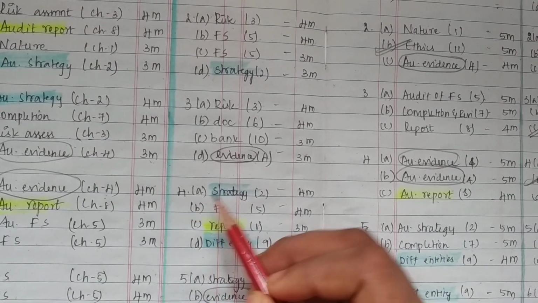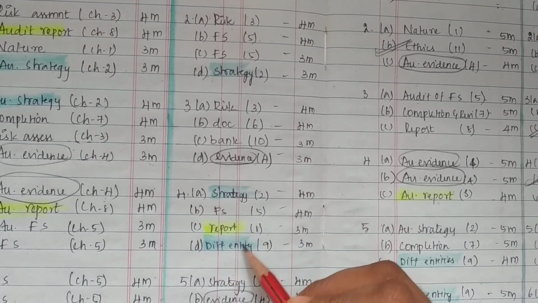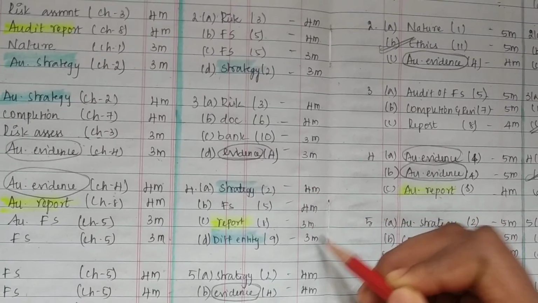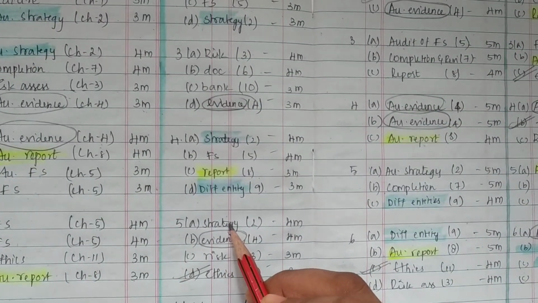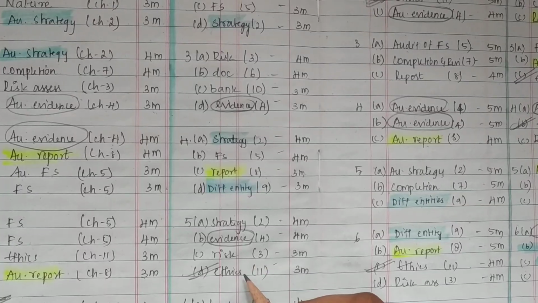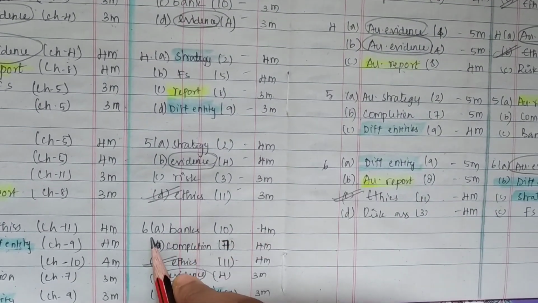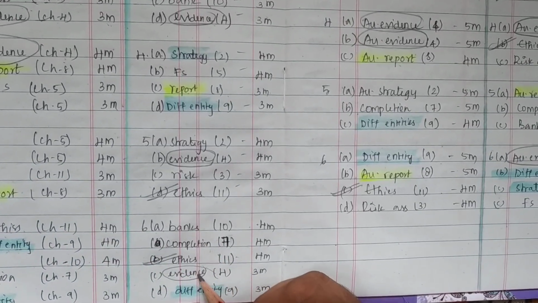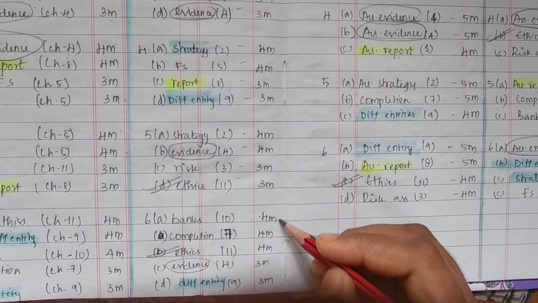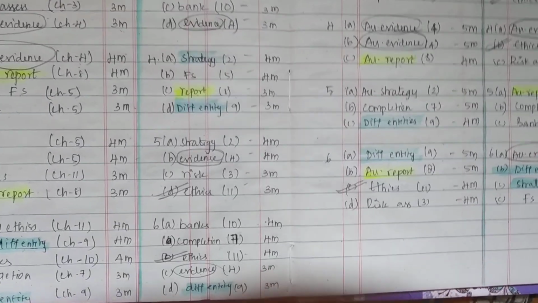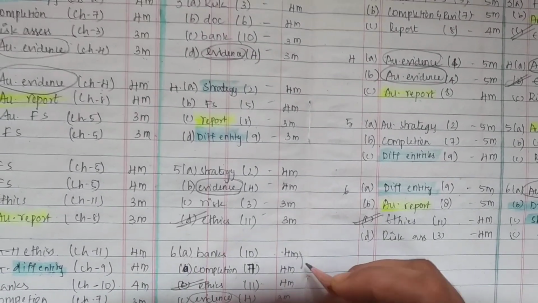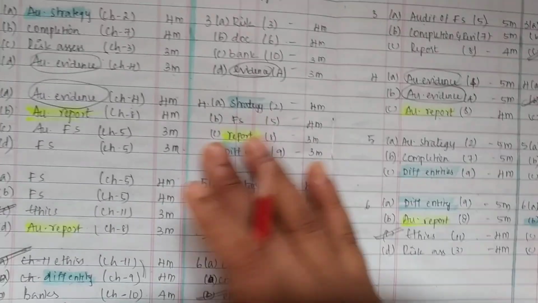Fourth question: strategy, financial statement, reporting, different entities for 4, 3 marks. Fifth question is for strategy, evidence, risk assessment and also ethics for 4, 3 marks. Sixth question is for banks, completion, ethics, evidence and different entities for 4, 3 marks. Here if you see, this is an either-or question, okay.